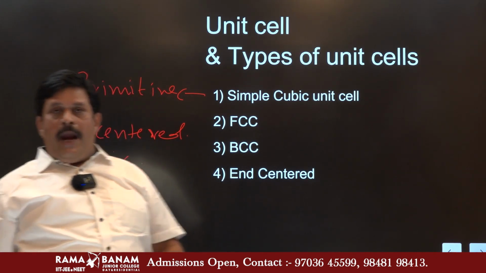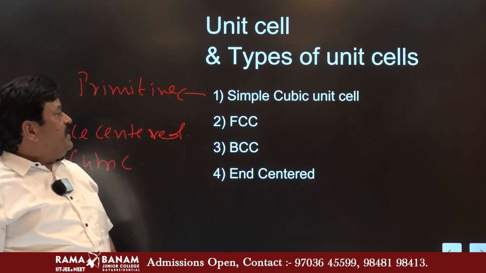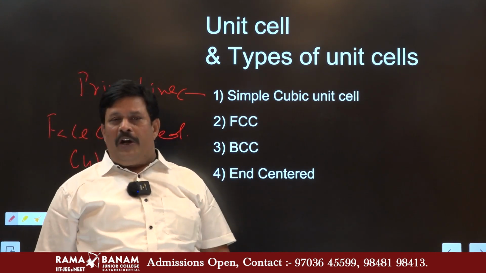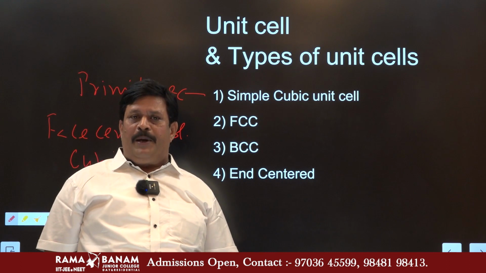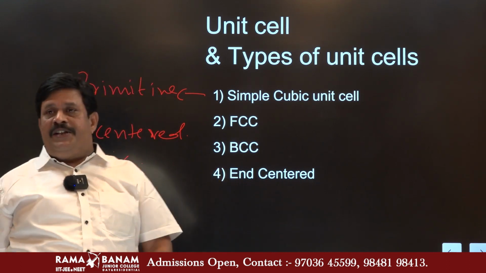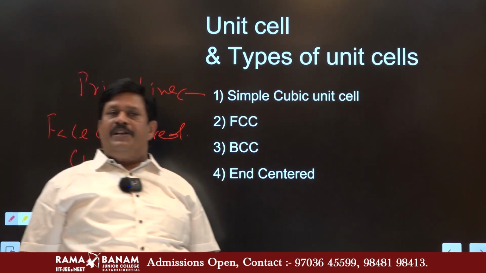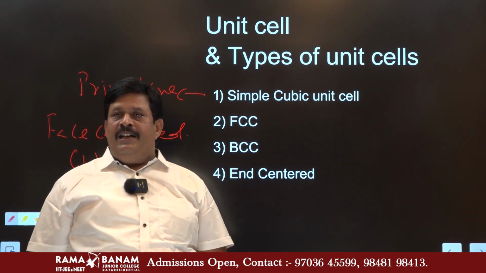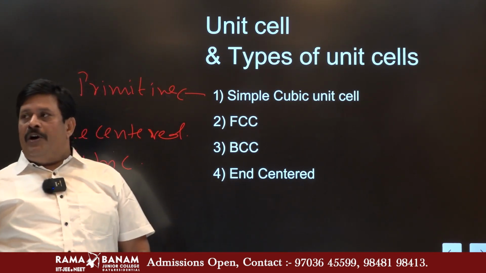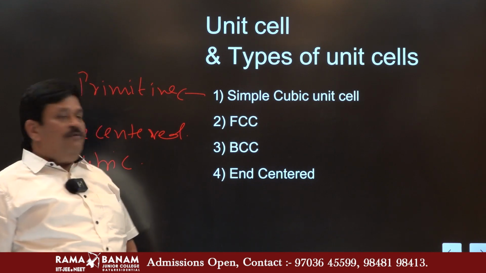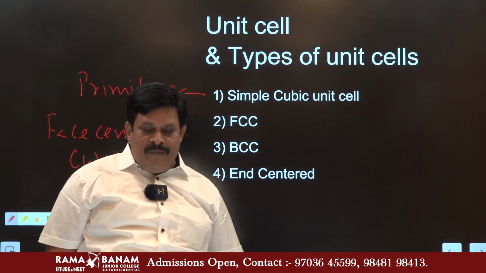So, the different types of unit cells are: first, the simple cubic unit cell, also called the primitive unit cell; second, FCC, the face centered cubic unit cell; third, BCC, the body centered cubic unit cell; and fourth, end centered.